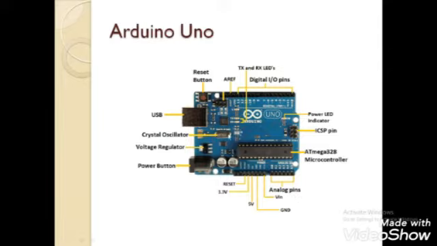This is the crystal oscillator which gives timing cycles to this microprocessor, and this is the USB connector from where we can upload the program. As we are using simulation software, we don't require this USB or hardware Arduino Uno.